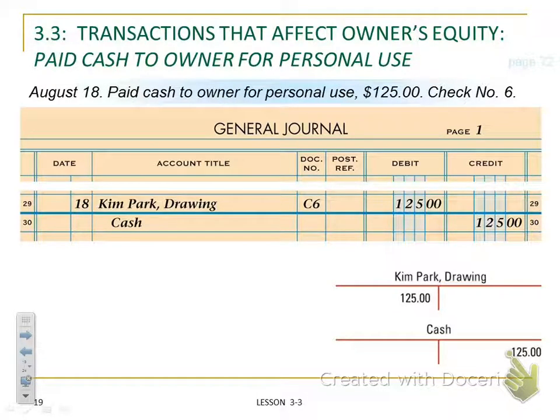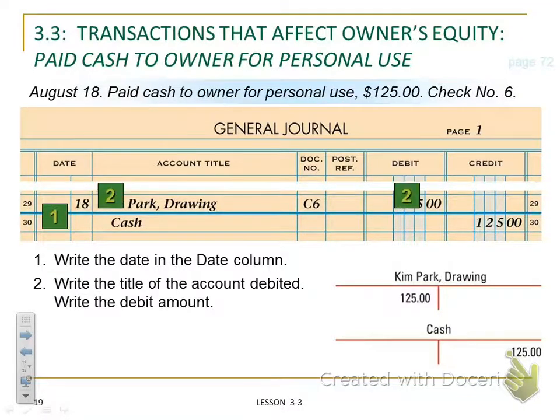And this journalizes as follows. We're going to record the date, the 18th, in the date column. Then we're going to record our debit to Kim Park Drawing by bringing our title for Kim Park all the way out to the left and entering the dollar amount of $125 into the debit column.